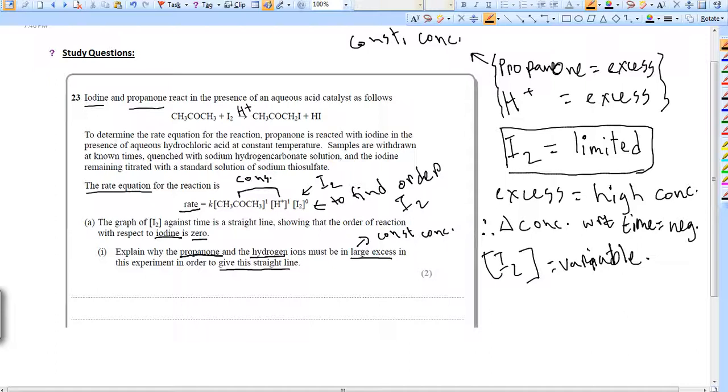So now we know which concentration is constant and which concentration should be variable.